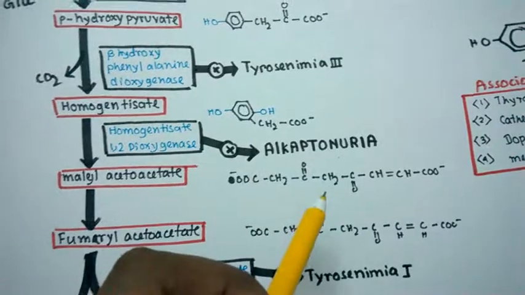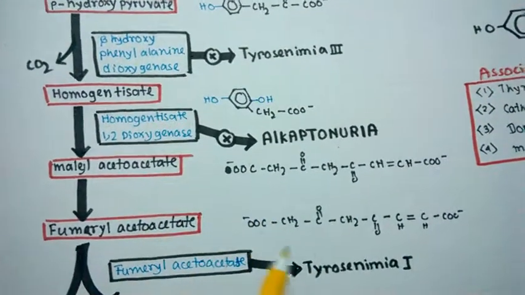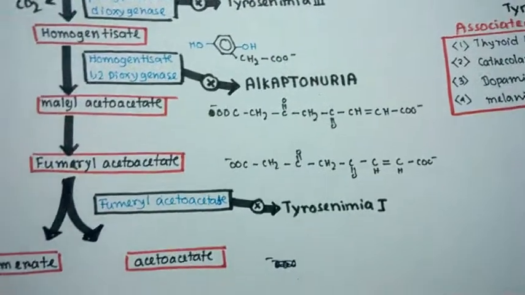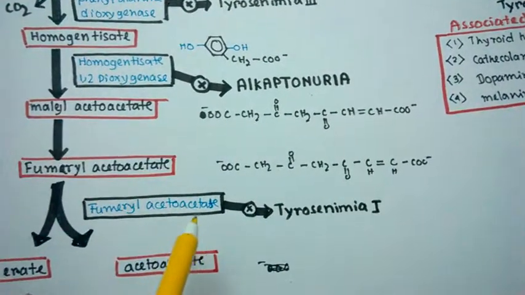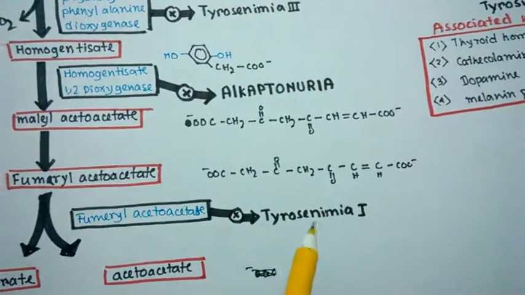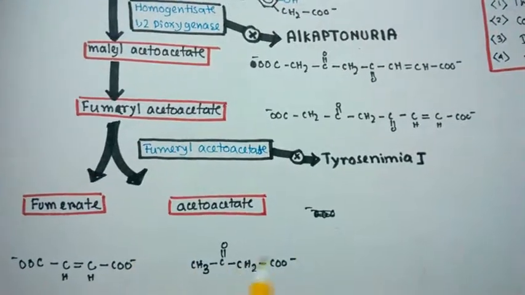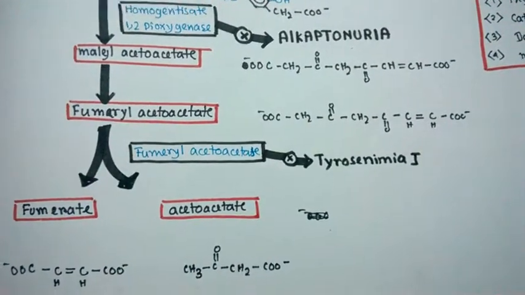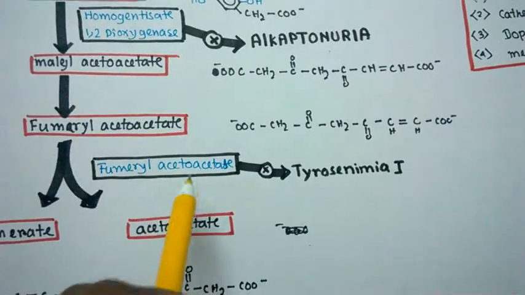From maleylacetoacetate, it will be isomerized to fumarylacetoacetate, and this step is catalyzed by an isomerase enzyme. Fumarylacetoacetate is then broken down into acetoacetate and fumarate. You can see acetoacetate and fumarate, and this step is catalyzed by fumarylacetoacetate hydrolase.